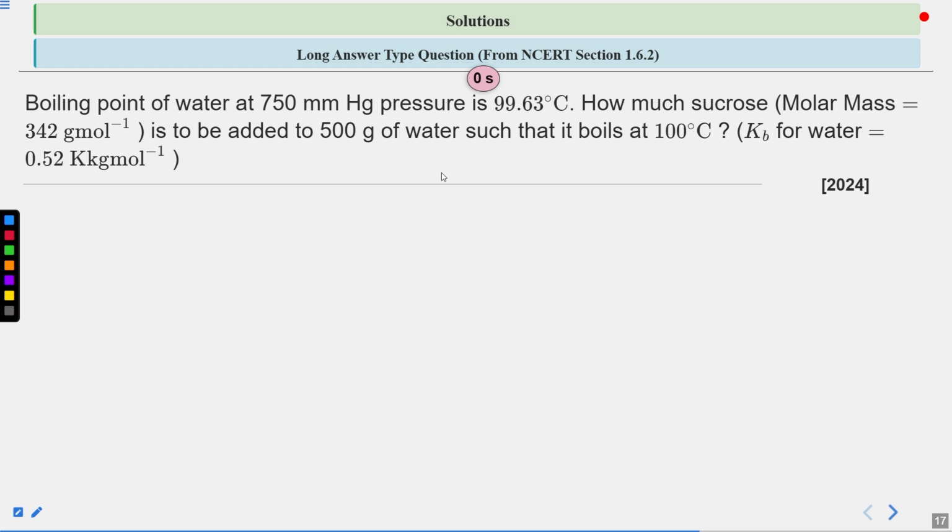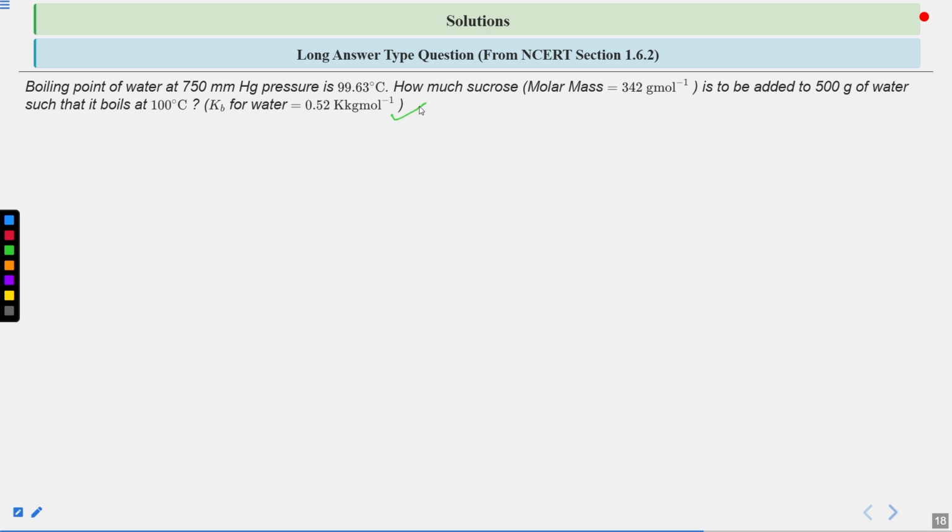Okay, let's see. For this given question, how can you answer it? First of all, you have to consider the given quantities, and then think about which concept in the solutions chapter you can relate it to, and then under that, which is the correct formula that you can apply.